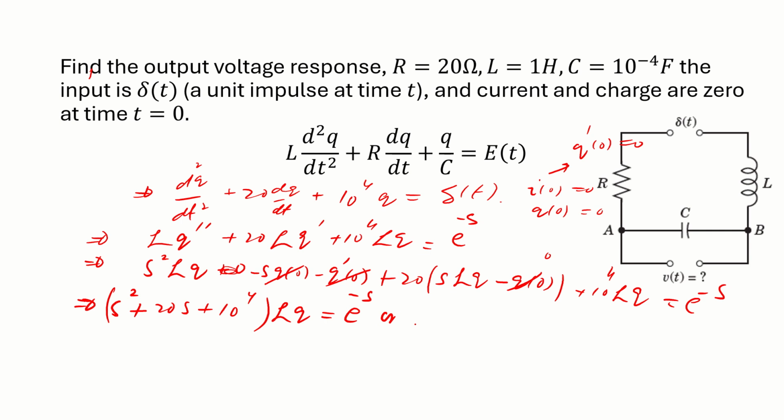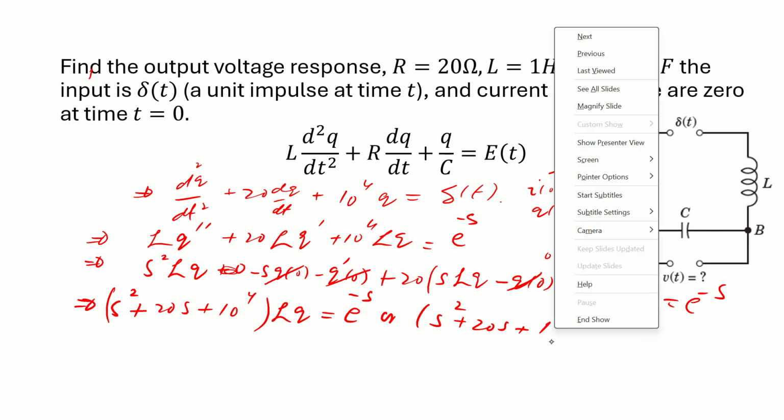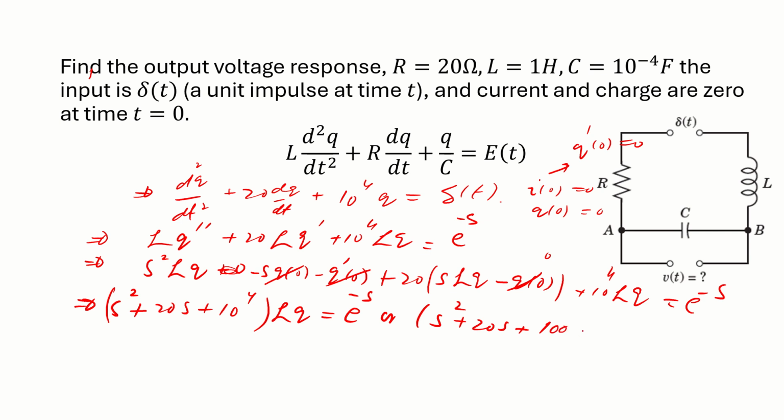This might be written as s square plus 20s plus 100 plus 9900, in fact it's 9900. Laplace of q is equal to e power minus s over that.